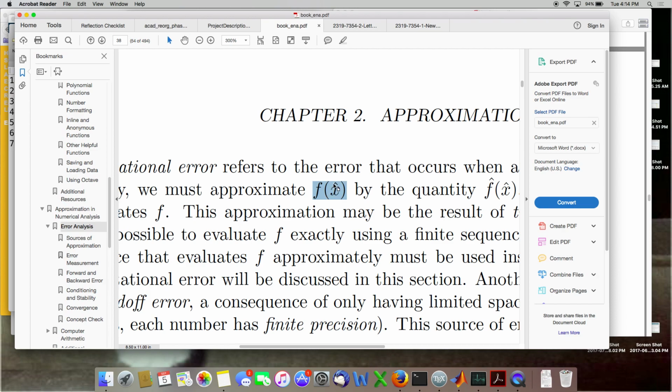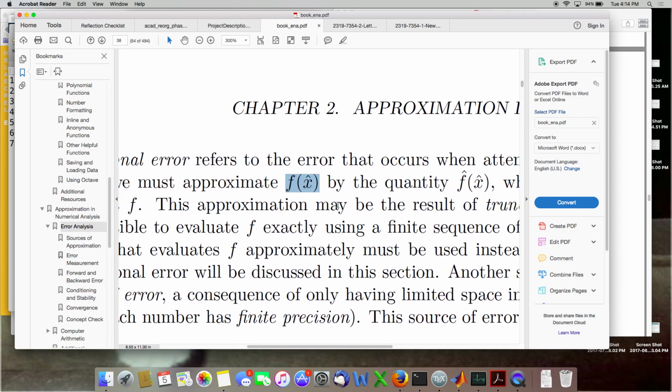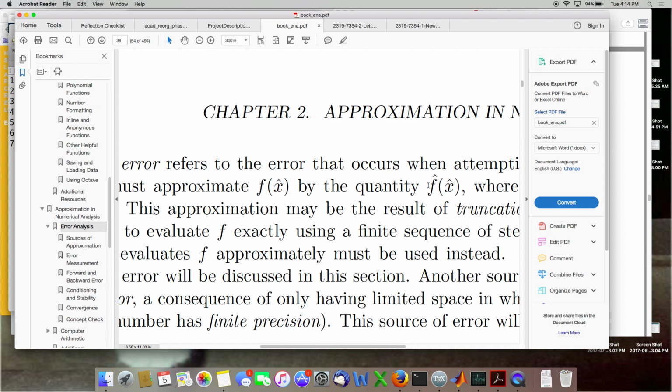So the hat refers to approximate input. That could be applied to the input, to the output, or to the algorithm. Any of these things can be approximated. The trouble is it's a little cumbersome. I can use up arrows in MATLAB, but I'm going to just set a notation for what I'm typing into the diary. So I'll just state that up front.